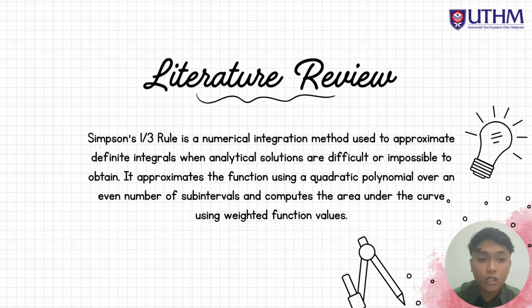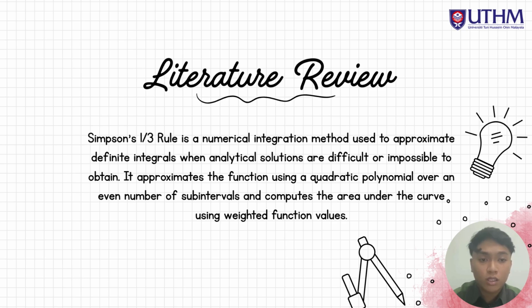Based on previous studies, Simpson's 1/3 rule has been widely applied in numerical analysis due to its ability to produce more accurate results compared to simpler methods such as the trapezoidal rule, particularly when dealing with smooth and continuous functions.